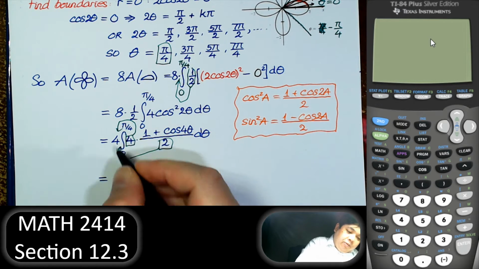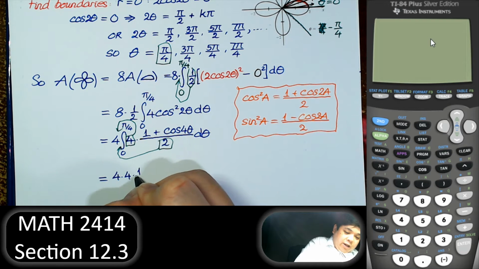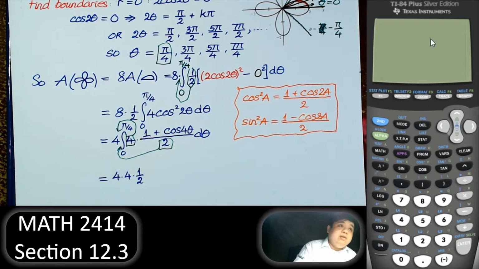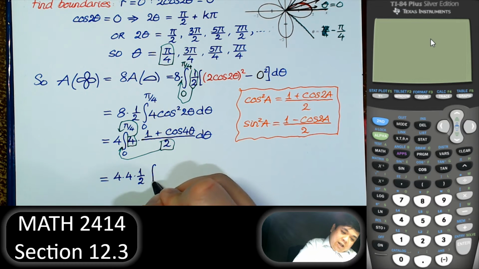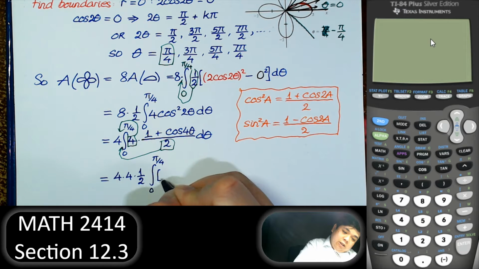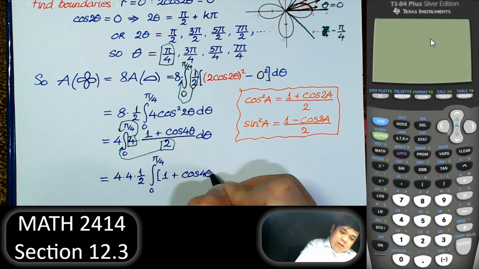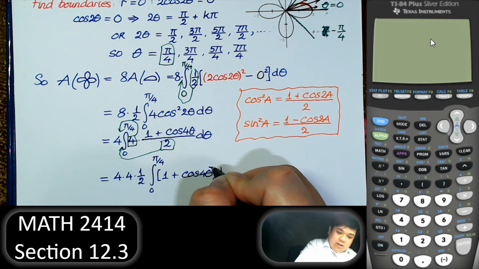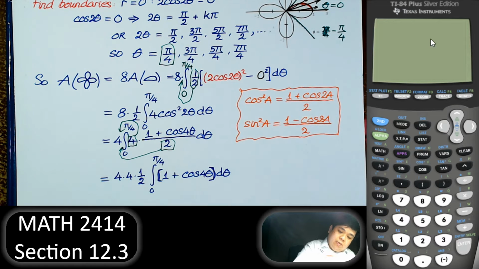Four on the outside, 2 on the outside. We will have 4 times 4 and then 2 at the bottom, right? And then integral from 0 to pi over 4, 1 plus cosine of 4 theta d theta. Right, now that's easy.